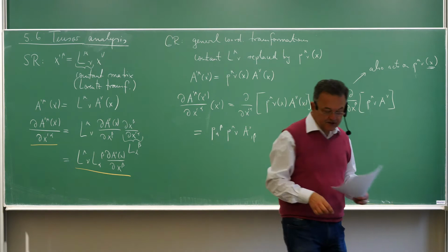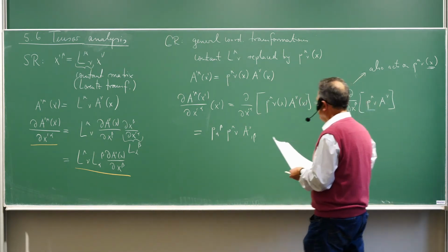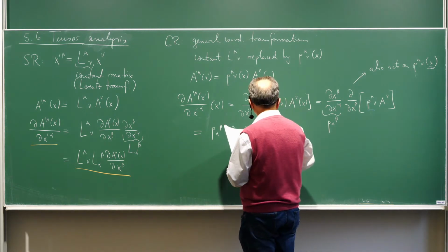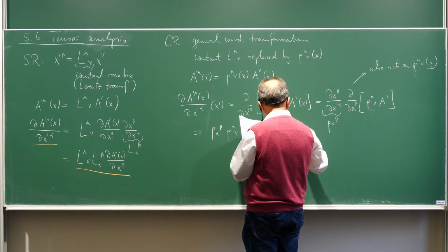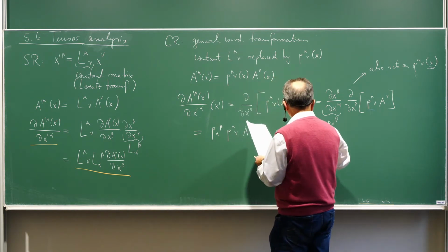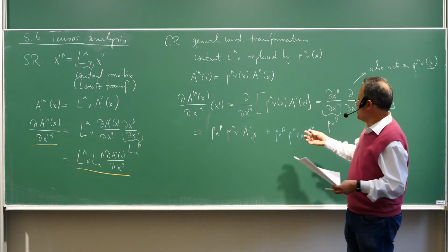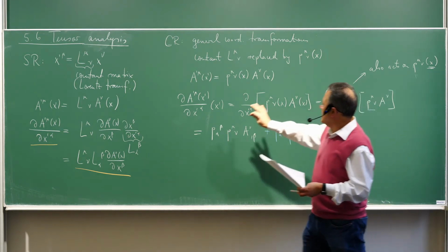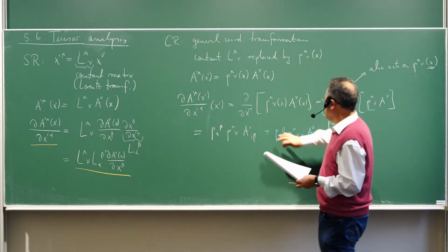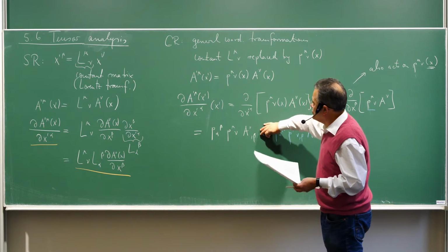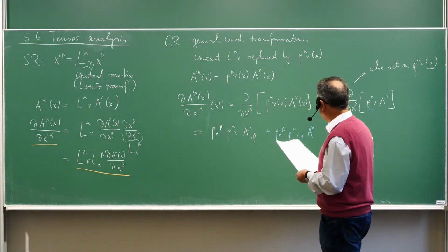But now we have an extra term coming from acting on P, and this is plus P alpha beta, P mu nu comma beta, A nu. And you see, this is a non-tensorial term. Because of this, this partial derivative does not transform as a tensor, because this would be the corresponding tensorial law. Now we have this strange term with a derivative.